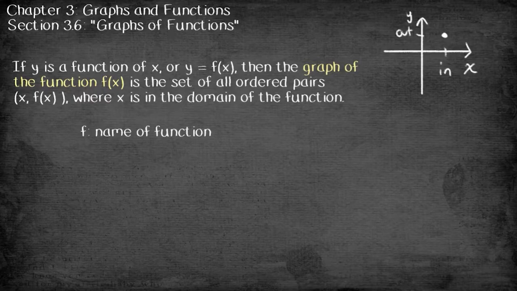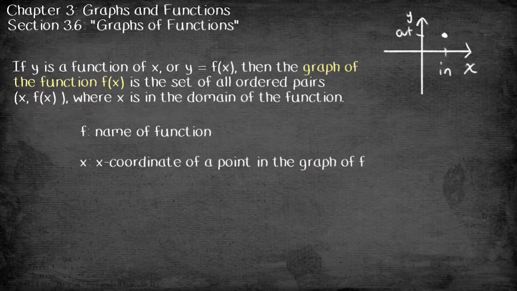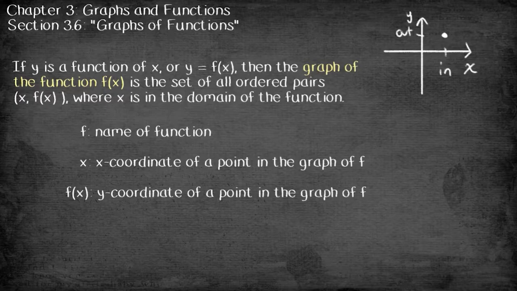Okay, so again, f is the name of the function, x is the x-coordinate of a point in the graph of f, and f of x is the y-coordinate of a point in the graph of f. So when I talk about a function as an object, I'm going to use, for example, f.